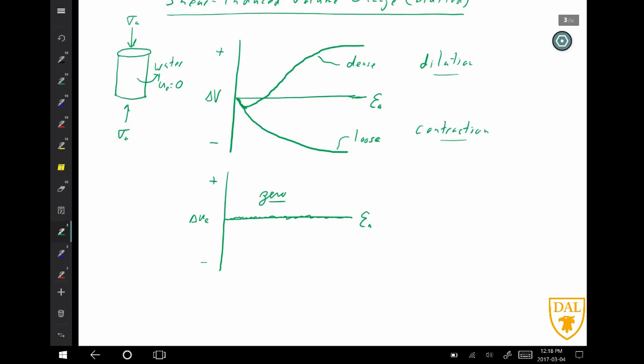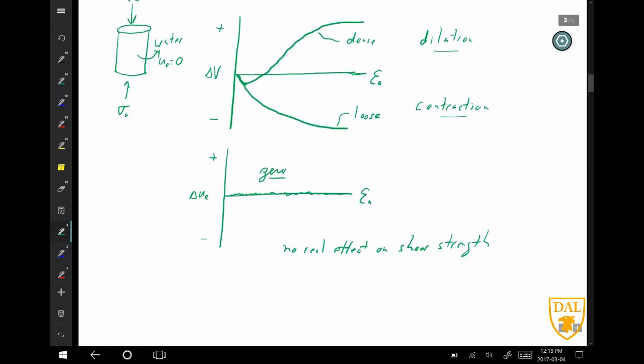And change in volume doesn't really have a big effect on effective stress. So really this, in a drained scenario, doesn't have a real effect on the strength.